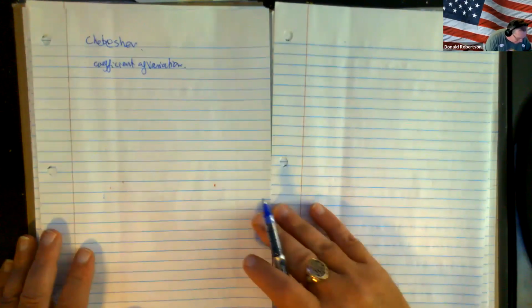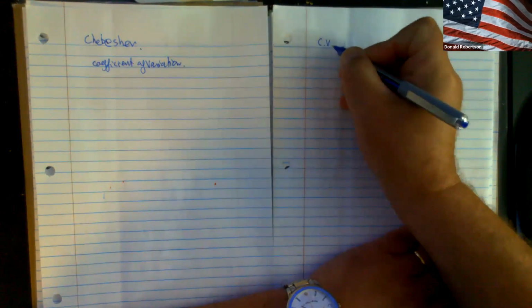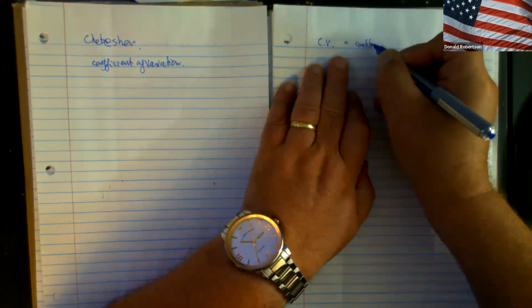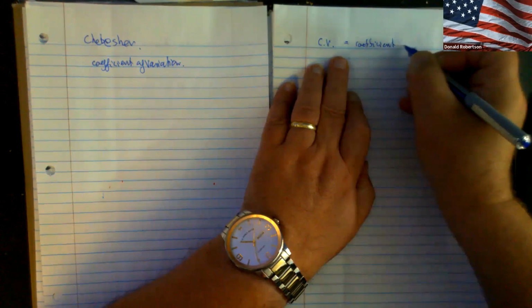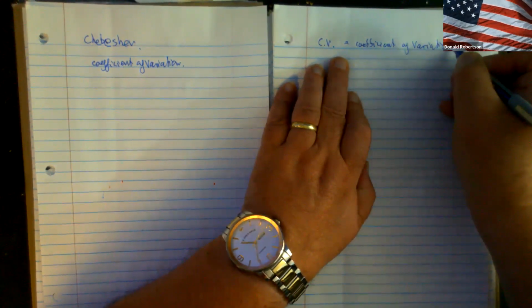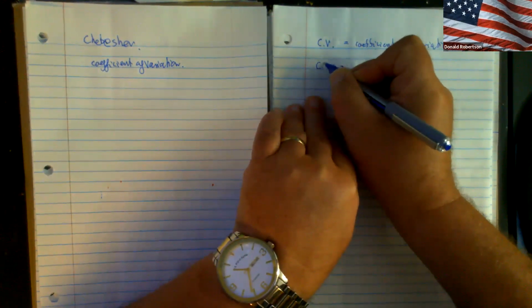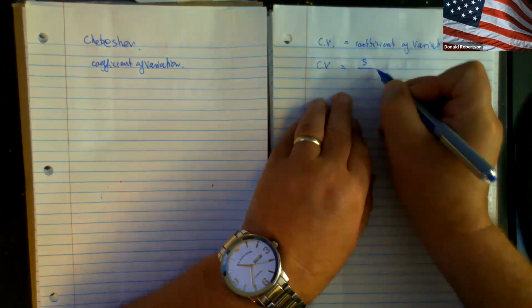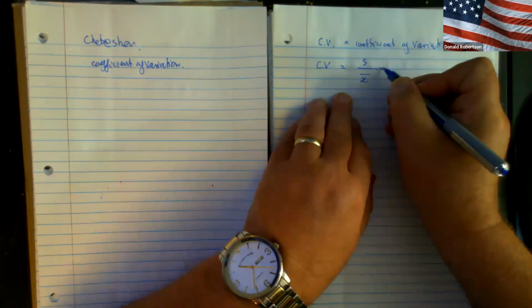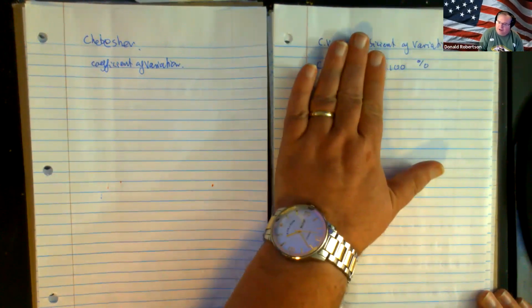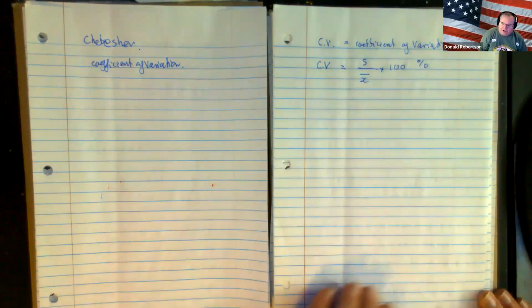So, let's do CV, which is just short for the coefficient of variation. You get this guy by using this formula. The coefficient of variation is the standard deviation divided by the mean times 100, because we typically want the answer to be a percent. So that times 100 is just what makes it a percentage.